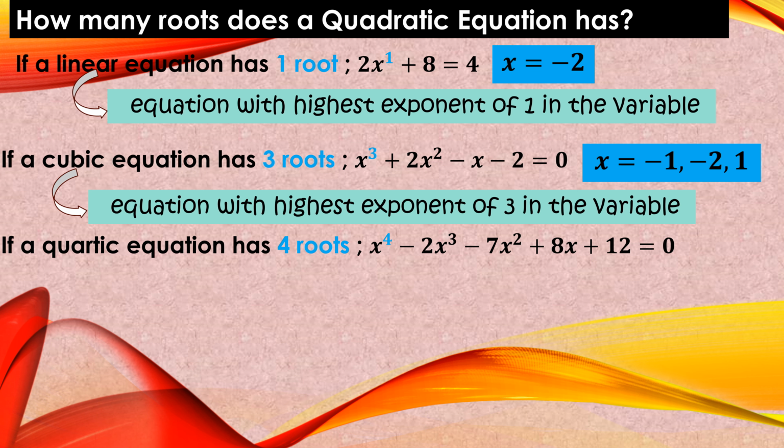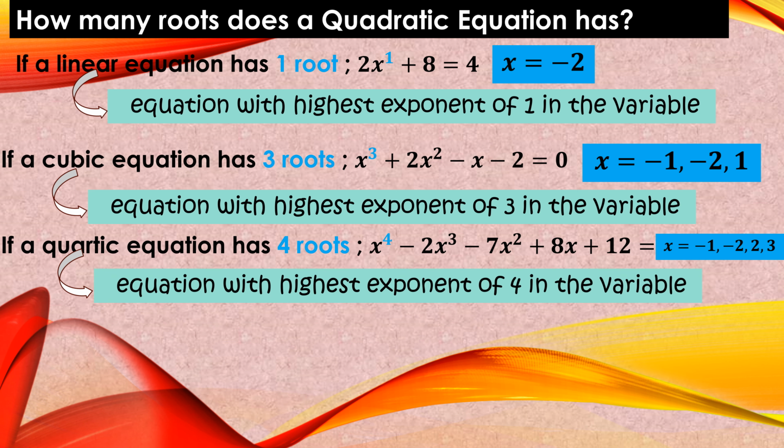A cubic equation has 3 roots, like this: x cubed plus 2x squared minus x minus 2 equals 0, then there are 3 roots: negative 1, negative 2, and positive 1. And a quartic equation has 4 roots. What do you mean by a quartic equation? It is an equation with a highest exponent of 4 in the variable.